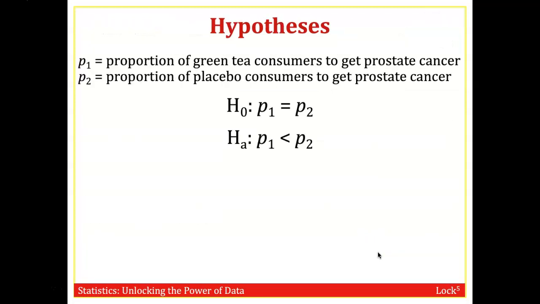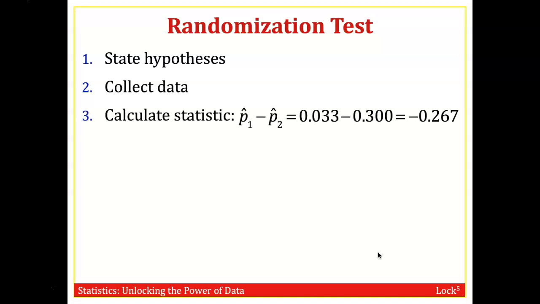So here are our hypotheses. Proportion of green tea consumers to get prostate cancer is p1. p2 is proportion to get prostate cancer among the placebo. All right, and then we're going to think about doing this randomization test again. We're going to state the hypotheses, collect the data, calculate the statistic.